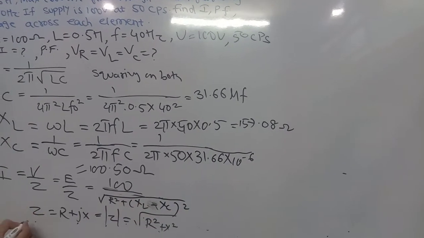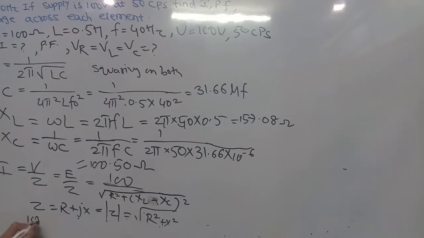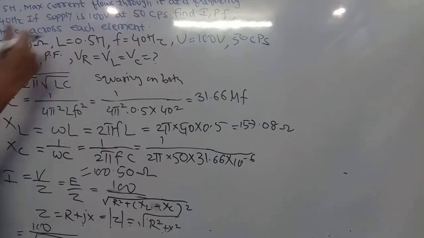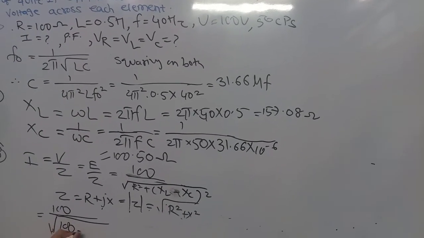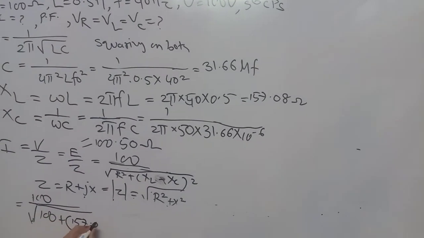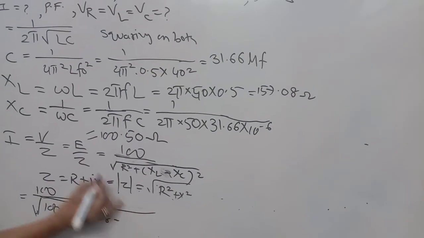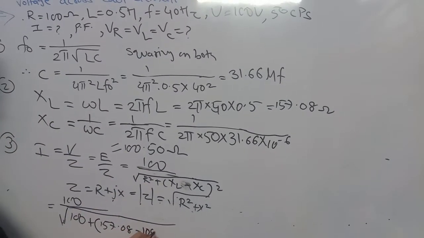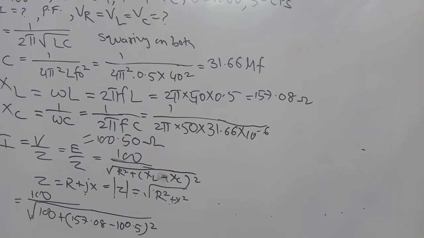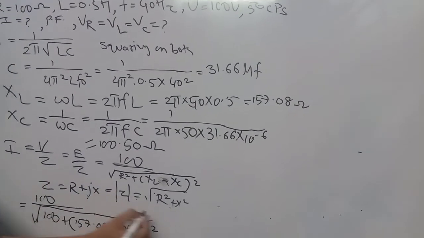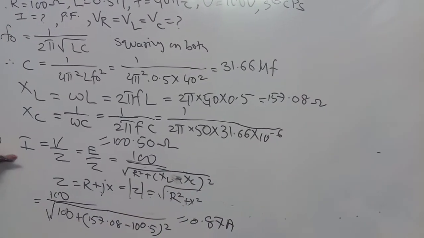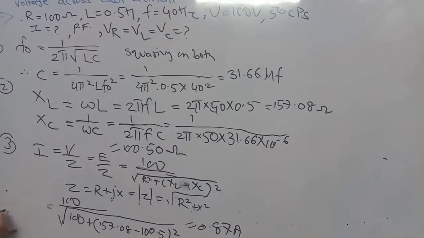So just substitute: 100 divided by the root of R, which is 100, square plus XL, which is 157.08, minus XC, which is 100.5, whole square. With the help of the calculator, the current comes to 0.87 ampere. So you need to calculate the current with the help of the impedance.